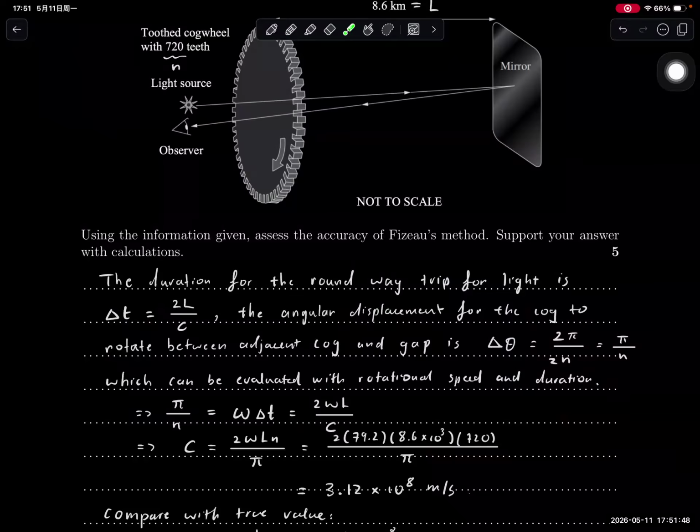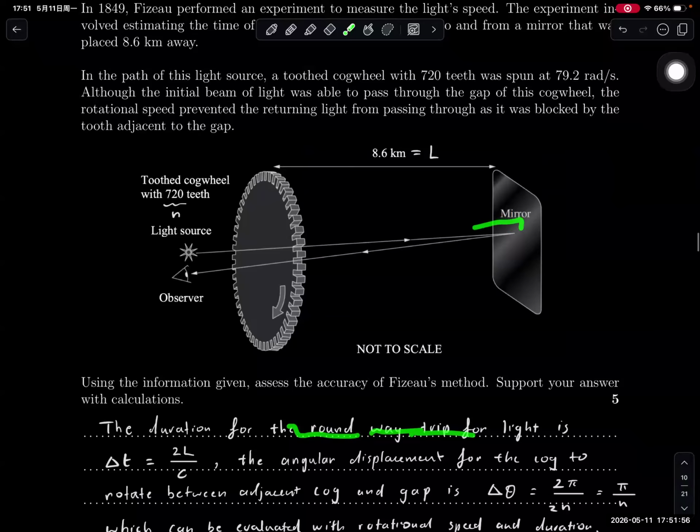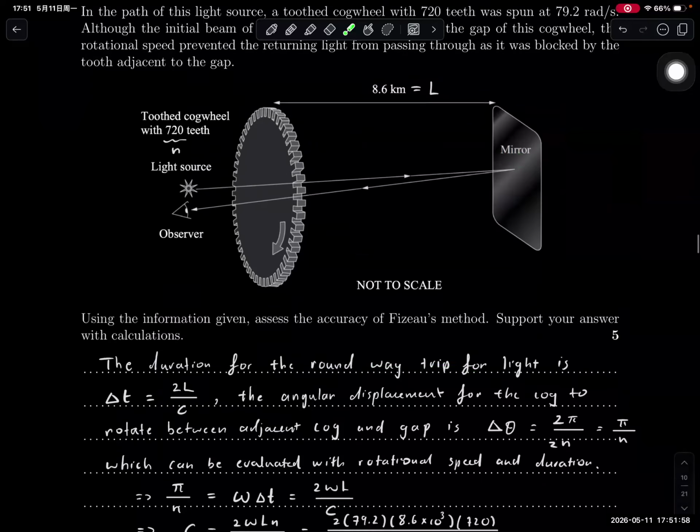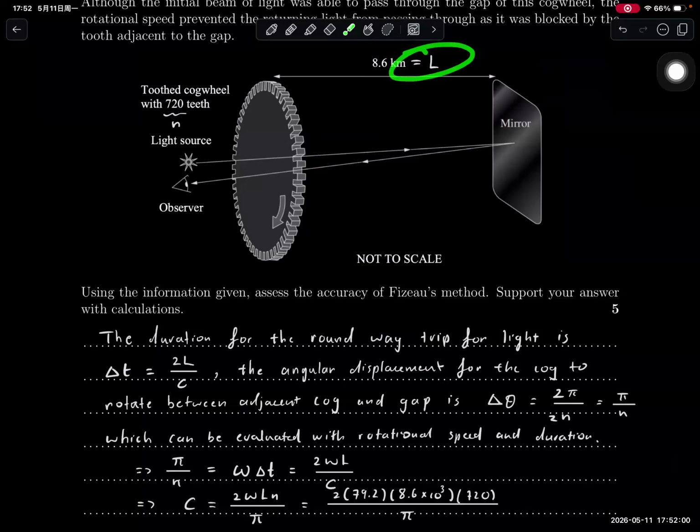Whenever you see a speed of light question, it wants a calculation from this. The duration for the round trip of light passing through this 8.6 kilometers is just 2 times L over c. While light is traveling, the cog rotates.